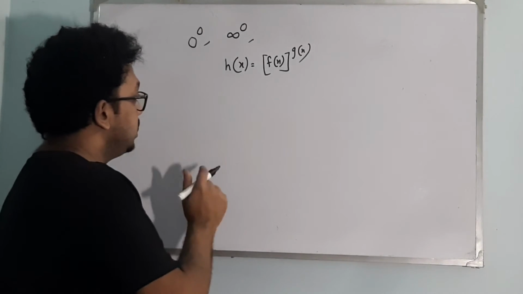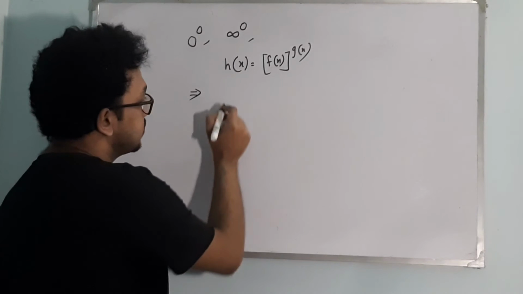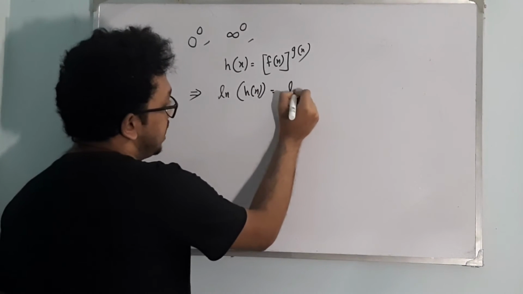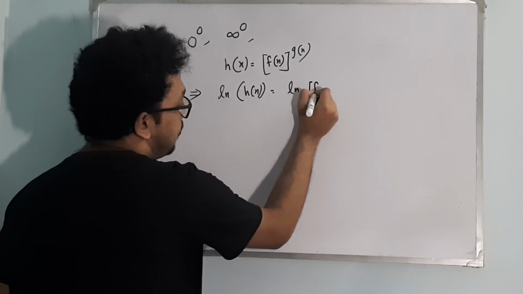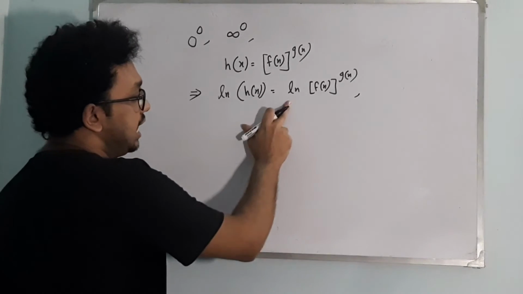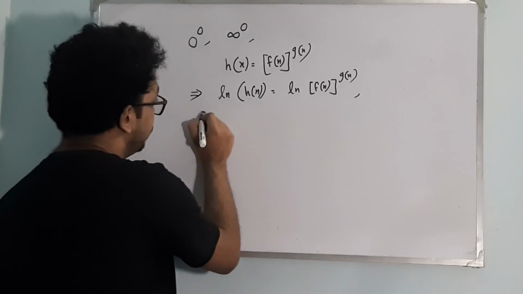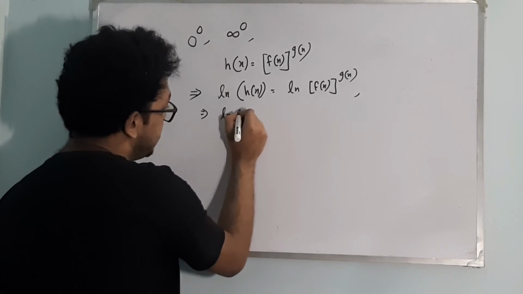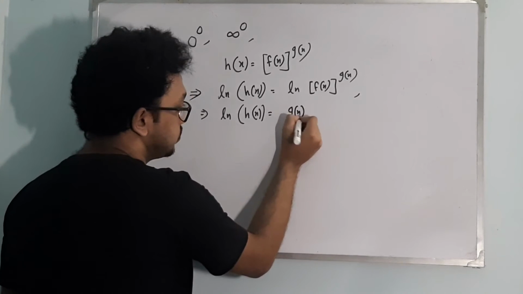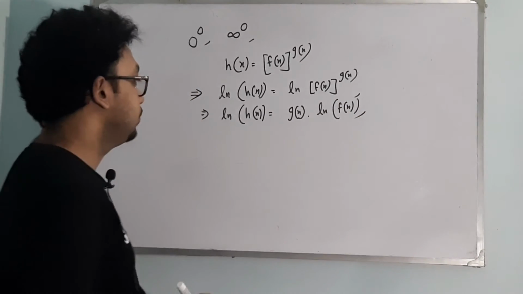See the steps. In the first step, you will take log on both sides. So you will have ln of h(x), it's the same as ln of f(x) to the power g(x). And we know that ln of f(x) to the power g(x) is nothing but g(x) times ln of f(x). So from this step I can write ln of h(x) is the same as g(x) into ln of f(x), right?